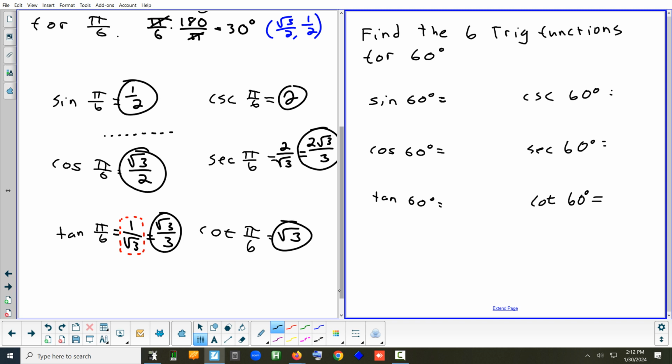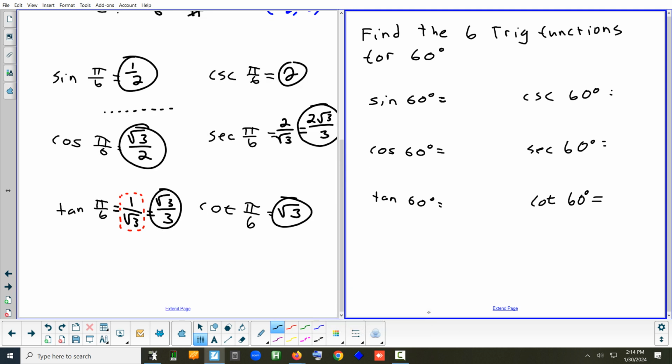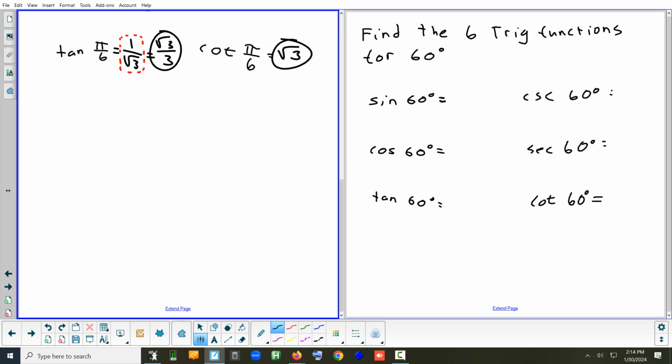All right, so see if you can get your six trig functions. Okay, so we're finding the 6 trig functions for 60 degrees. What's the first thing that we need to know about 60? Its coordinates. Now the 60, that's higher up in the circle, so when you make the triangle, it makes the short side the base, and the tall side the height.